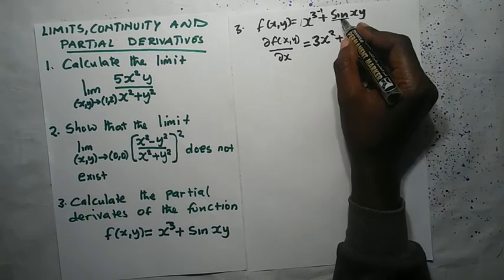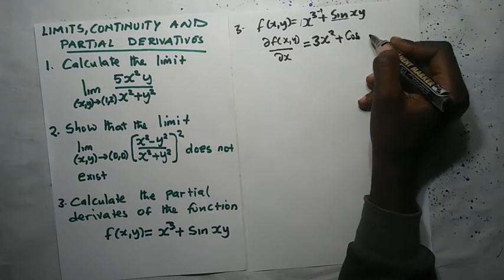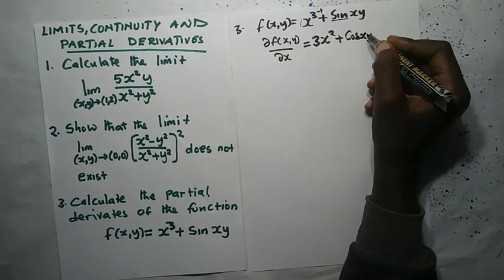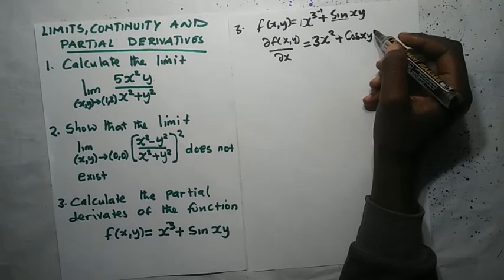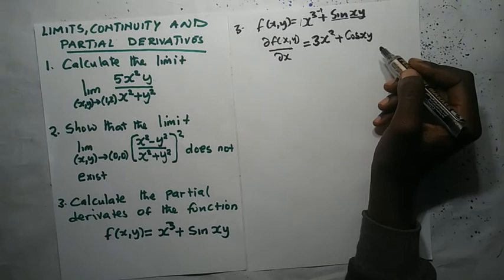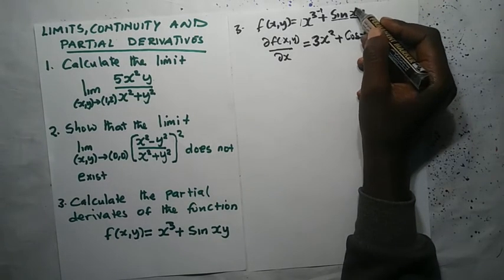The derivative of sine is cos. So you're going to have cos xy.